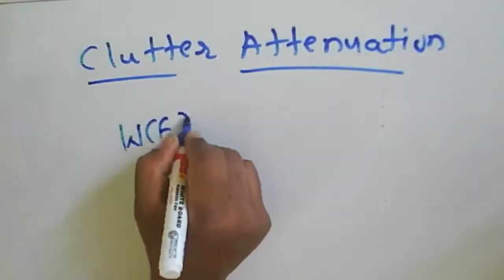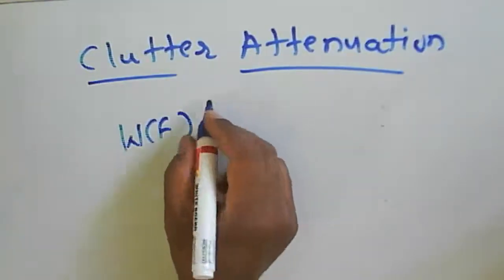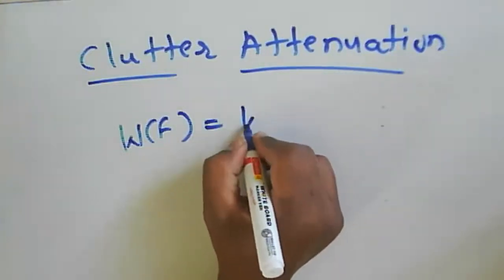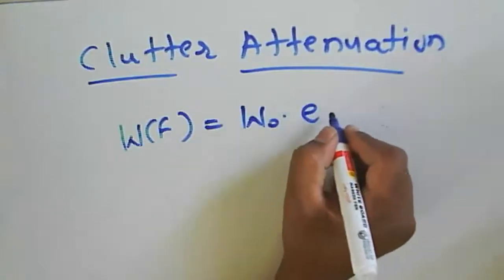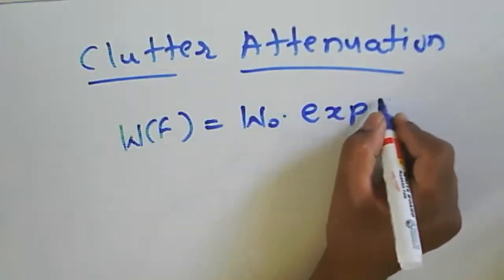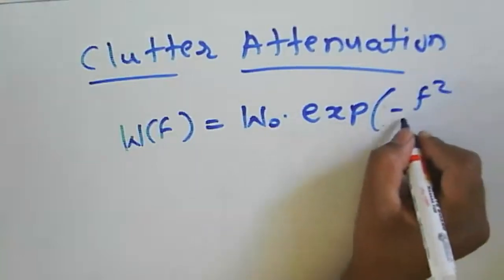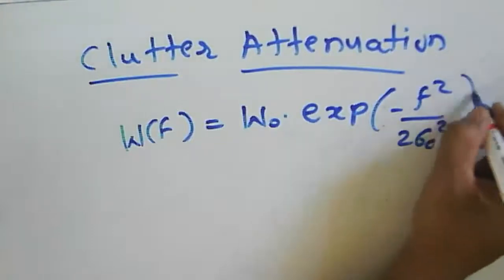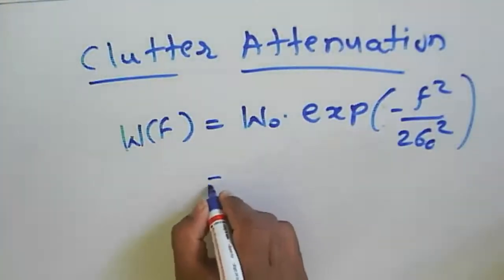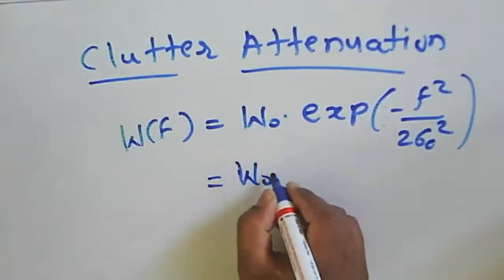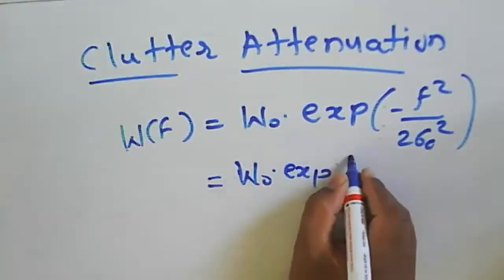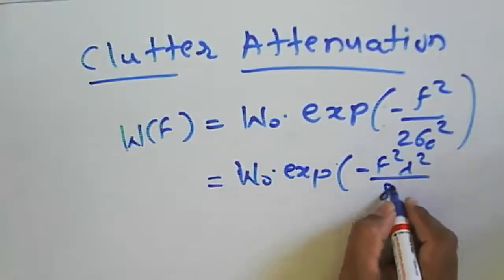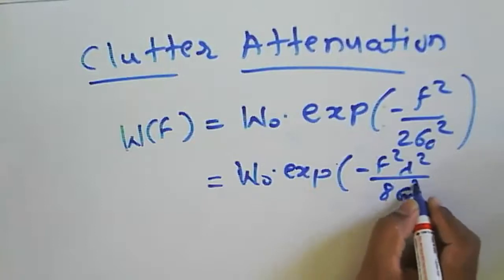That is W of f, the clutter spectral density, represented with a Gaussian function: exponential of minus f square by 2 sigma c square. You can rewrite it as W0 exponential of minus f square lambda square by 8 sigma v square.